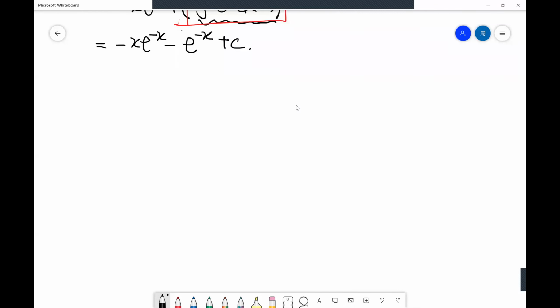And the question is this one: the integral of e^x sin x dx. And here I want to say one thing, that from the selecting principle, we know that number 4 is the exponential function, right?